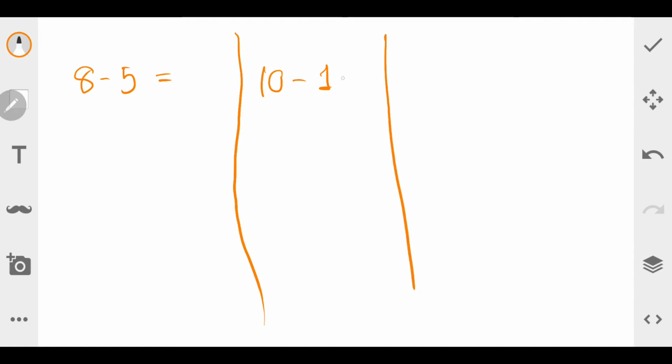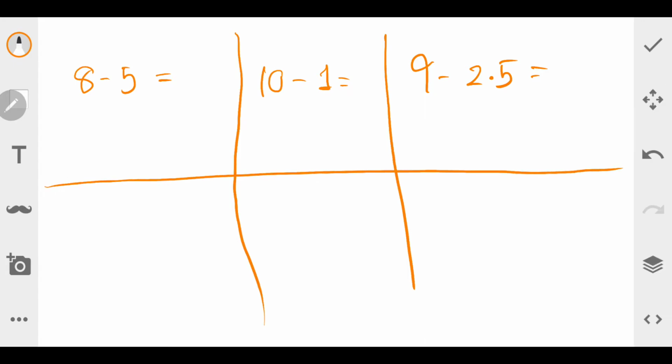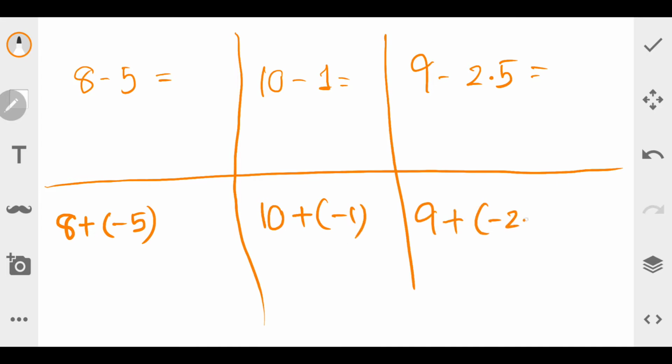And then 9 minus 2.5. So I have 3 problems on the board. And I'm going to write 3 more problems. 8 plus -5, 10 plus -1, and 9 plus -2.5.